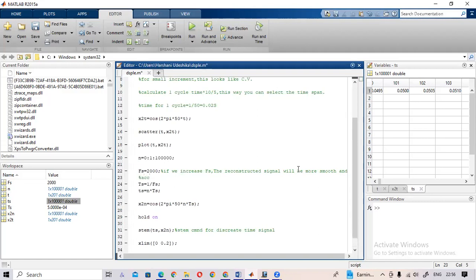So you need to understand this point also. Maybe you have understood this point.